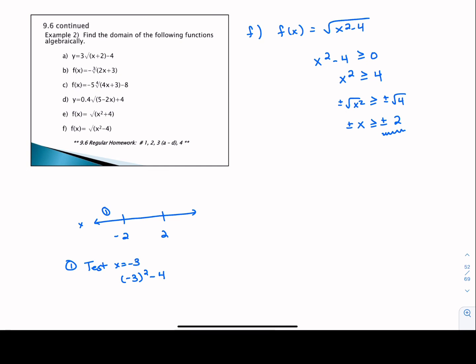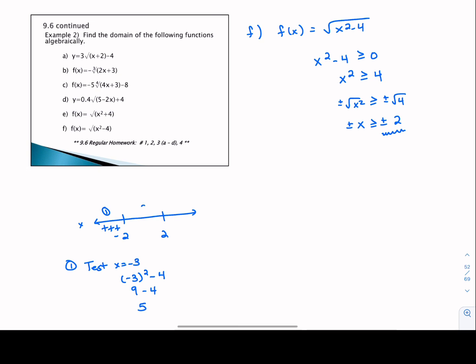We need to see if that's greater than or equal to 0. Well, negative 3 squared is 9, and 9 minus 4 is positive 5. So if we're choosing something that is less than negative 2, we're ending up with a positive radicand. That will work in our favor, and that'll be part of our domain.